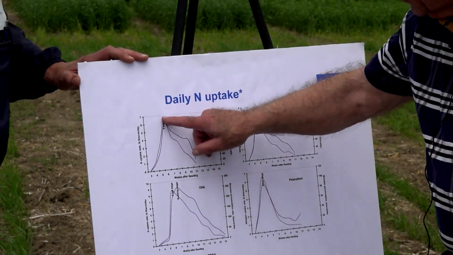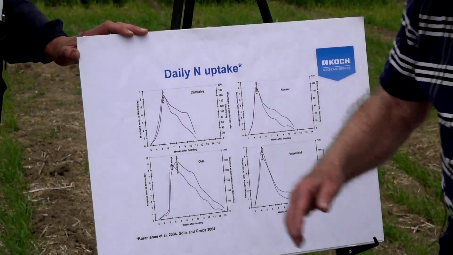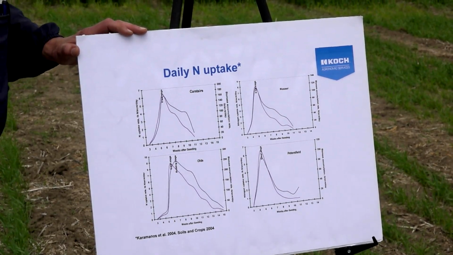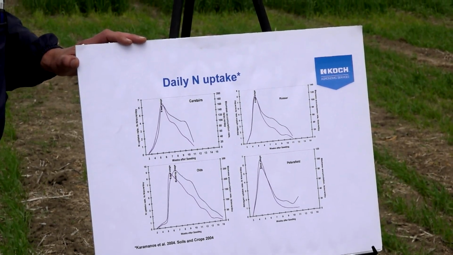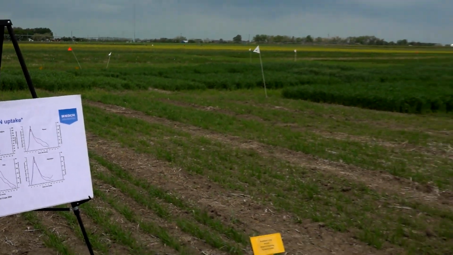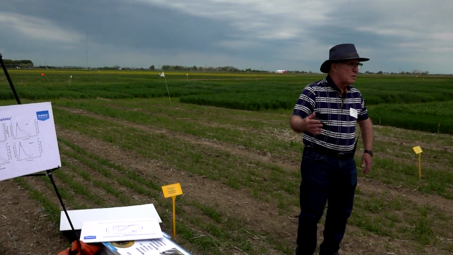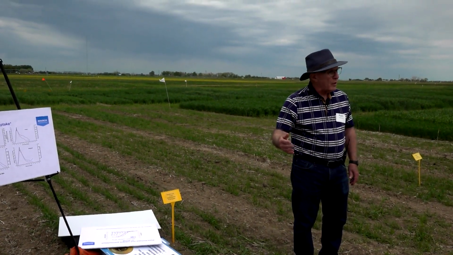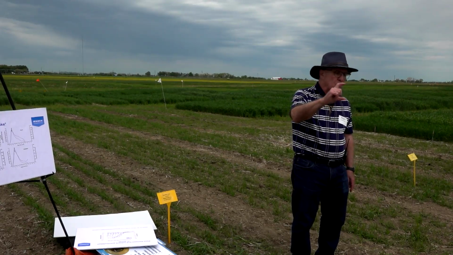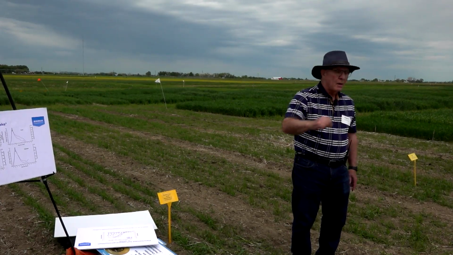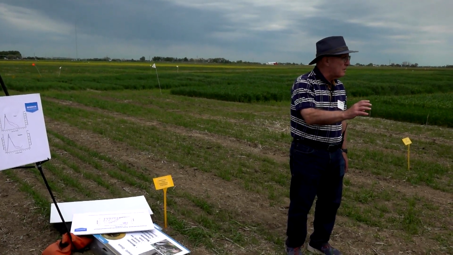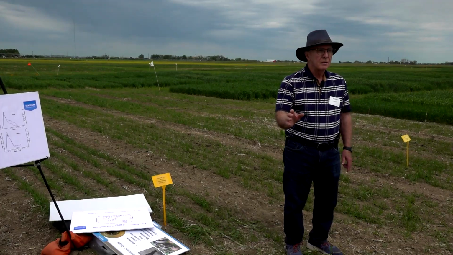So the moral of the story, again, is that it is extremely important to have the nitrogen early in the growing season. That's why you may have heard before that any nitrogen applied for wheat prior to the first node being visible, and in the case of canola prior to the 6-leaf stage, goes towards yield.